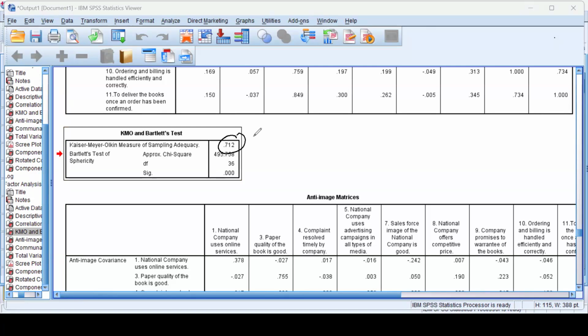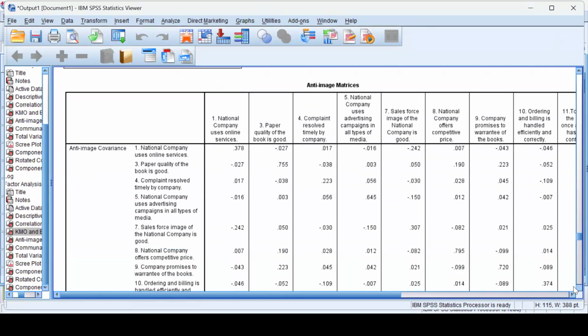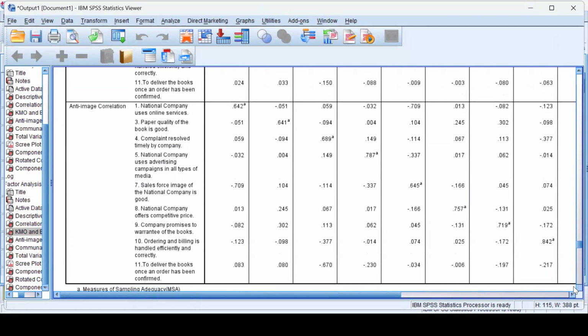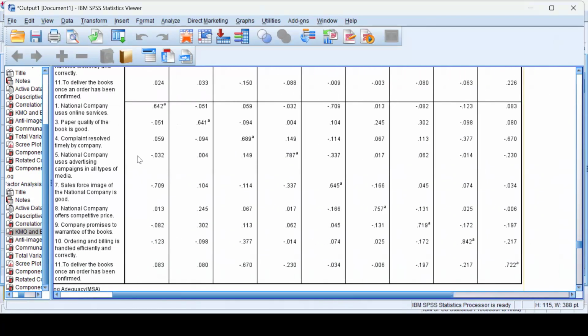Earlier it was less, so there is no issue of this assumption. The second assumption is anti-image correlation. Anti-correlation should be high, but in anti-image correlation, you can see the values in a particular column are all very less.